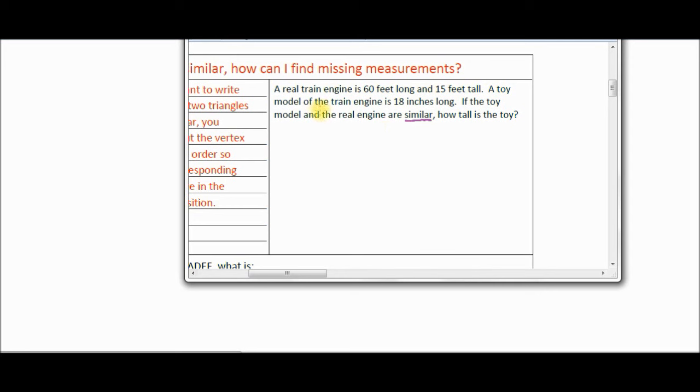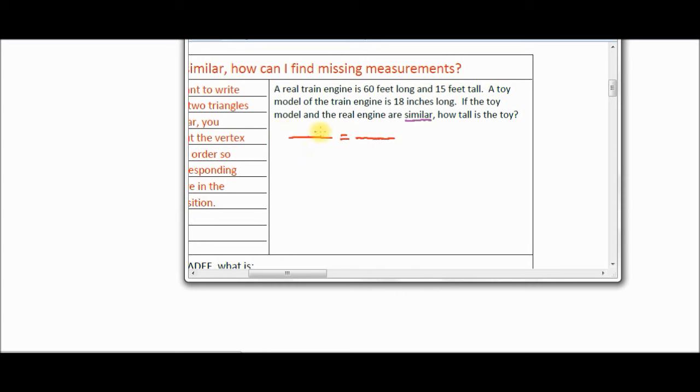So in this case, we're going to set up a proportion. Here's how we're going to do that. Whenever you do a proportion, class, you're going to basically draw a line, and then an equal sign and another line, because a proportion, remember, is just two ratios that equal each other.